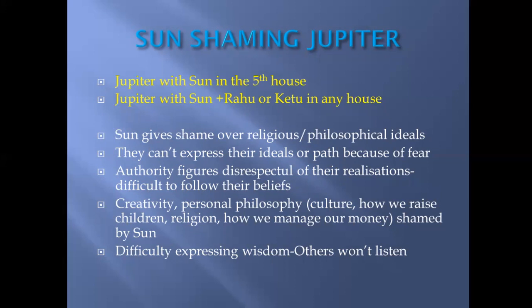So they're not able to express ideals or to talk about the path they're on because of fear that they're going to be criticized by authority figures. These authority figures could be very disrespectful of their realizations. So they're going to start not following their beliefs.